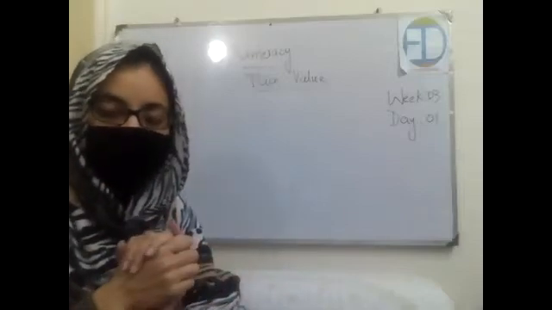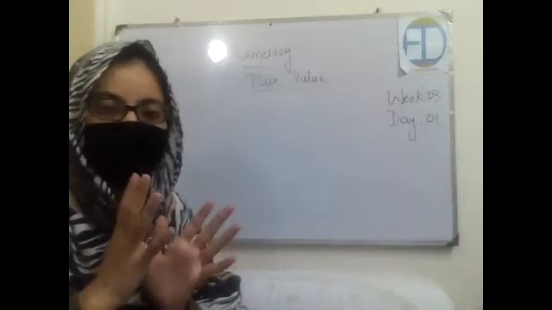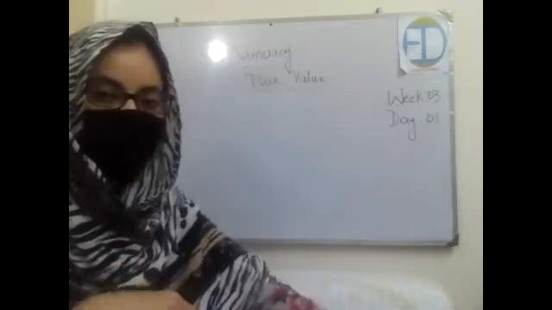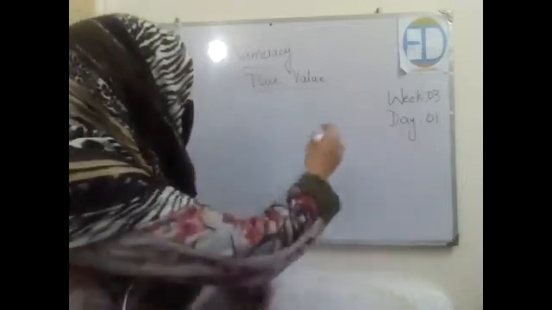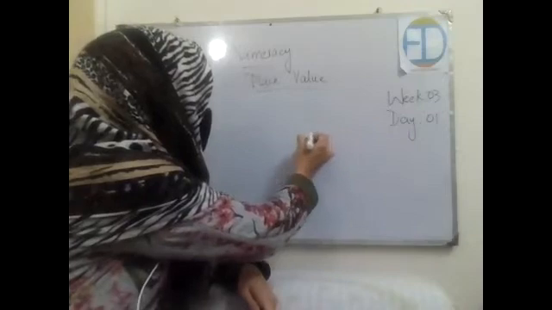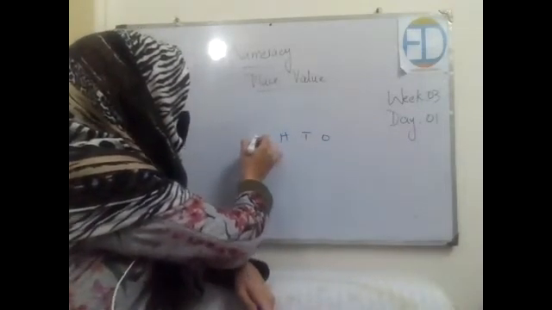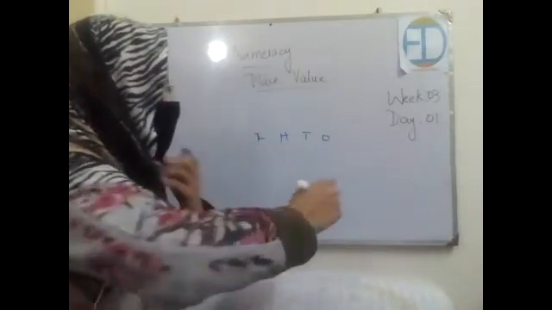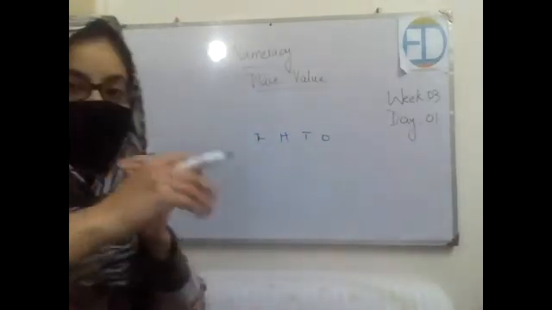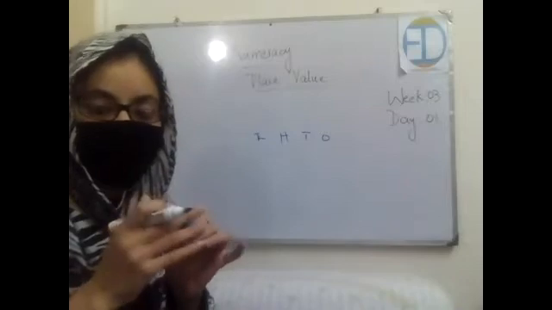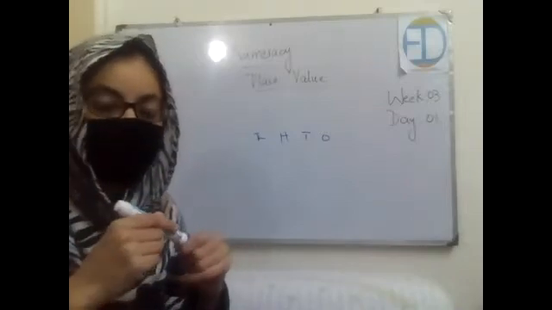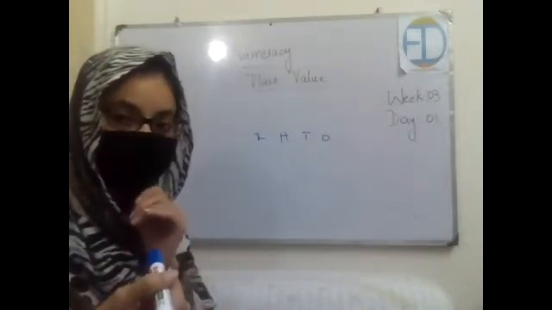You must have read these small words written over the digits. Let's say 0, th. Have you ever seen such types of words written on the digits in any book or somewhere else?